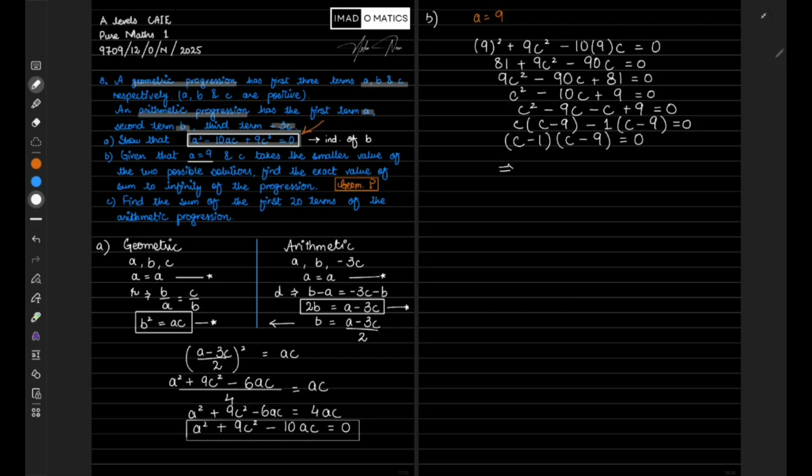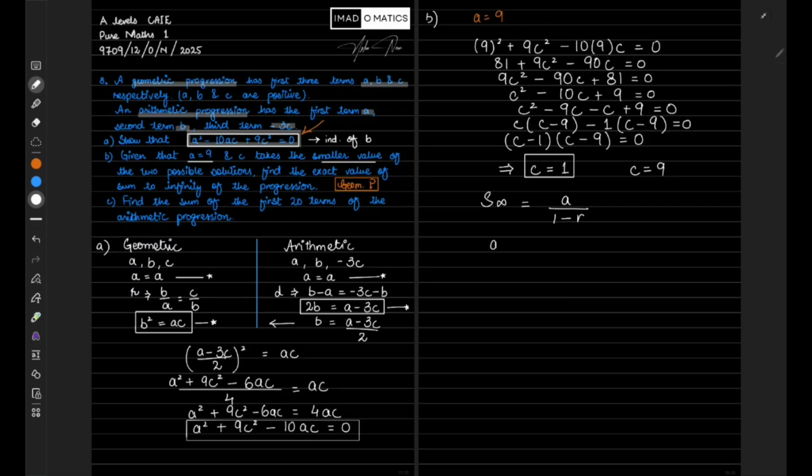This implies C equals 1 and C equals 9. So they say, what is the C value? C is the smaller value of the two possible. So C is equal to 1. Now they say sum to infinity. Sum to infinity is A over 1 minus r.